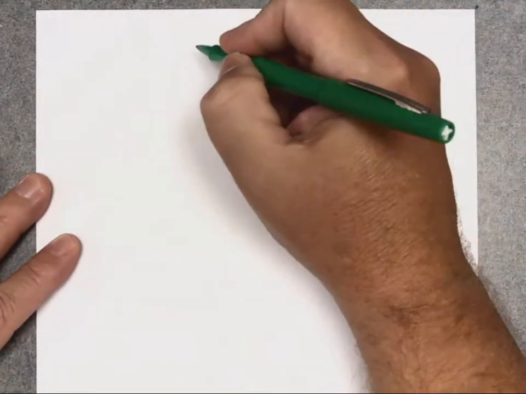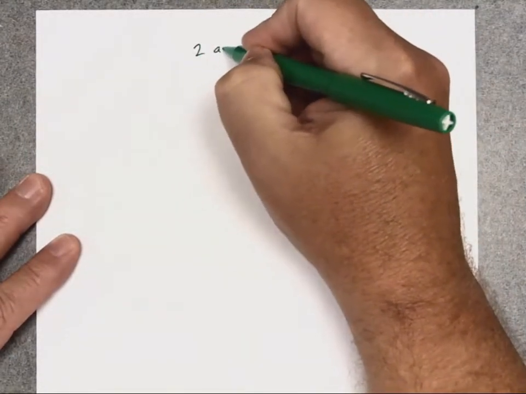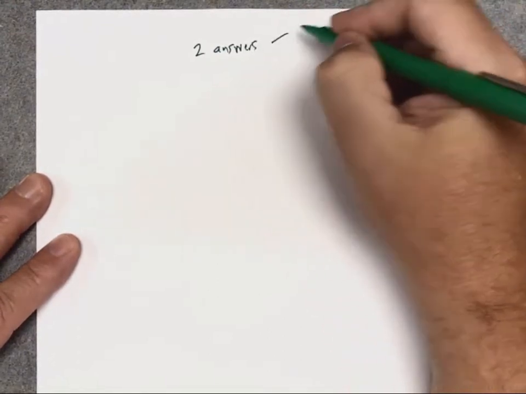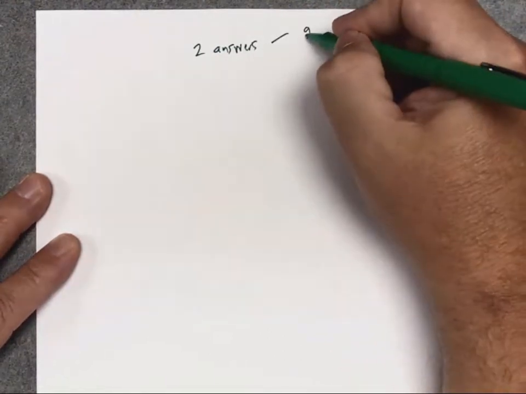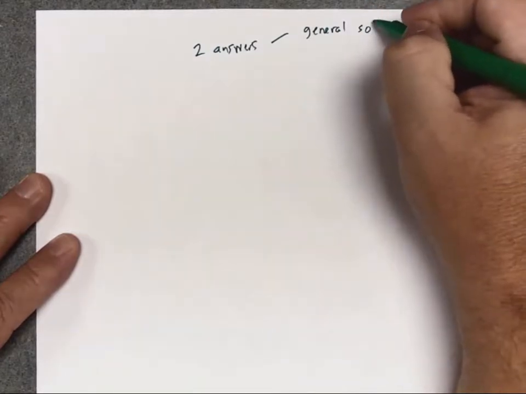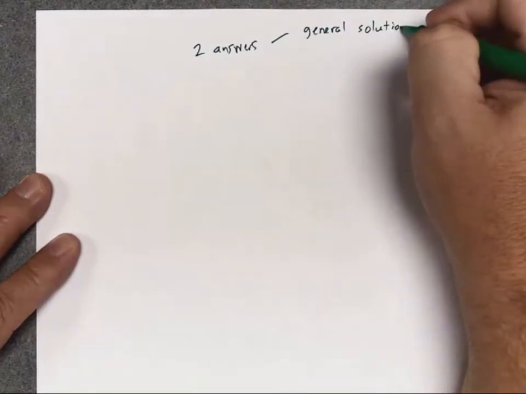What I'm going to do is when I solve each of these equations, I'm going to give two different answers. The first one I'm going to call the general solutions.